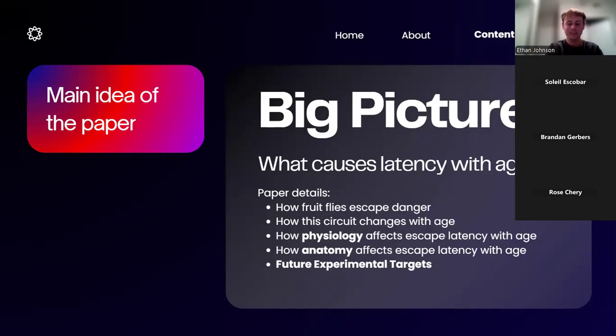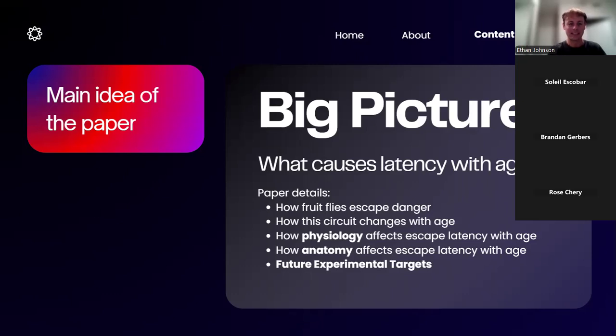Again, we're looking at this escape response latency because it might be important for these fruit flies to have a small latency so that they can get away from danger quickly.